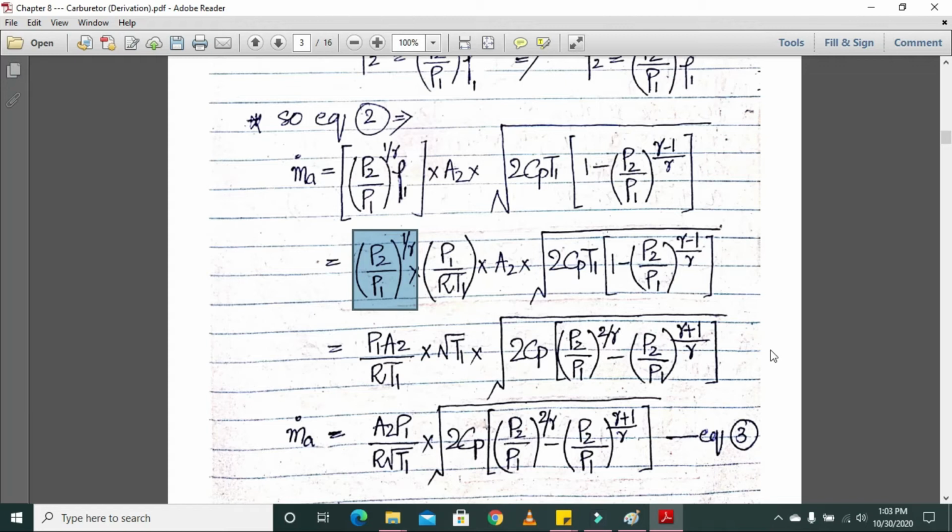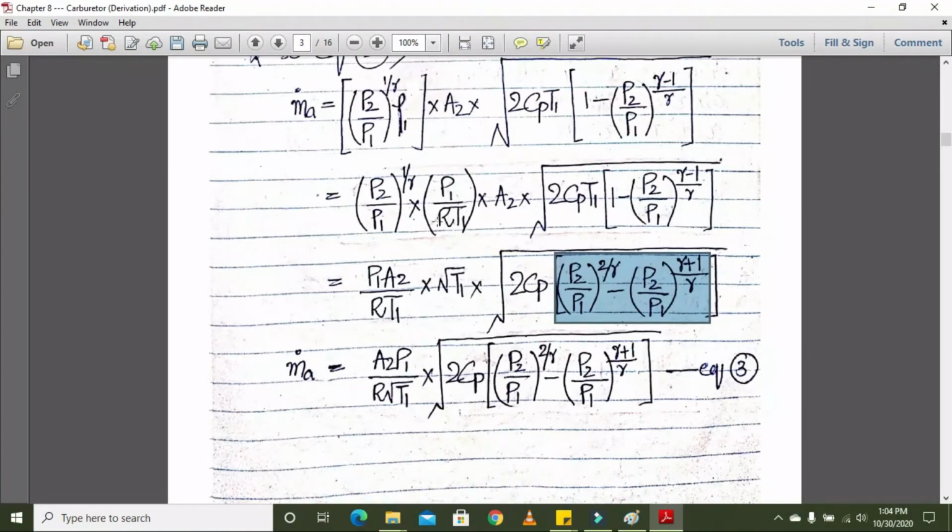I hope it is clear to you how this p2 upon p1 to the power 1 upon gamma has gone inside the square root, and when it is gone inside the square root, its power will become 2 upon gamma. Then it will be multiplied with 1 and the other factor which was present inside the square root, inside these brackets, and then you will get this relation.